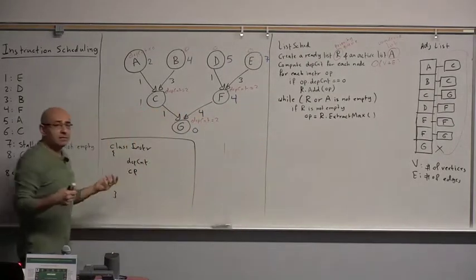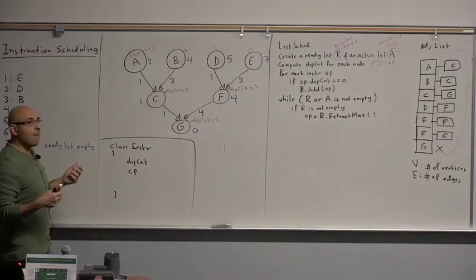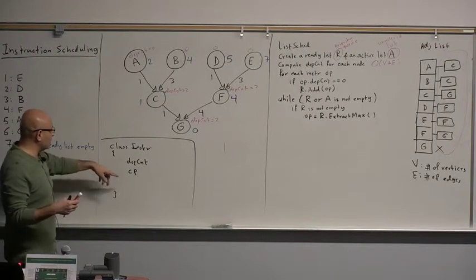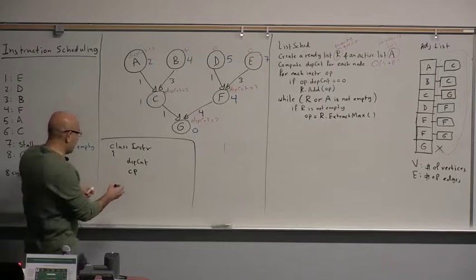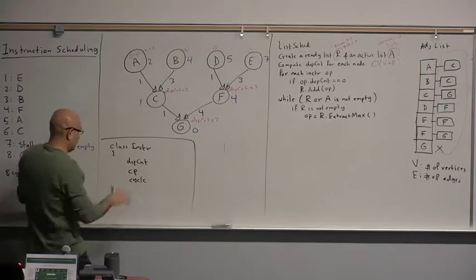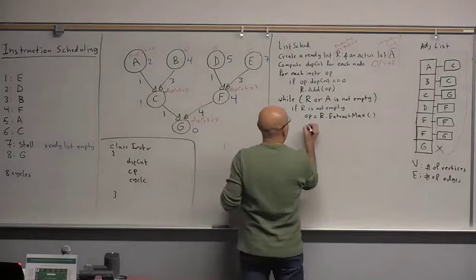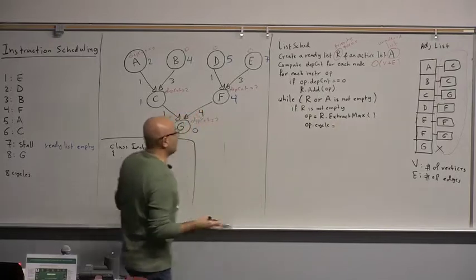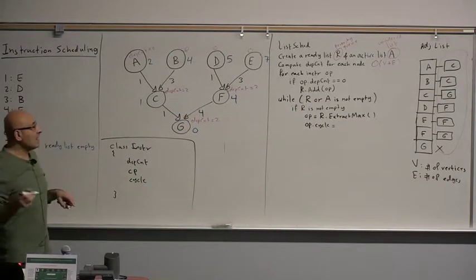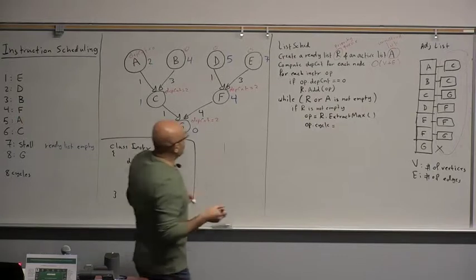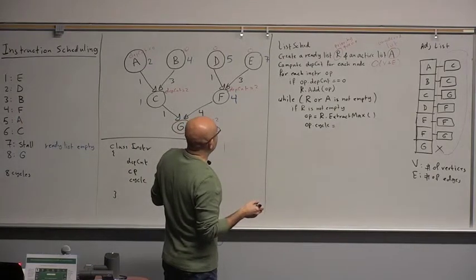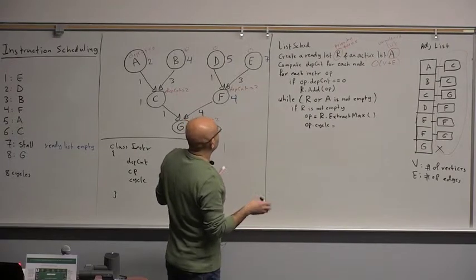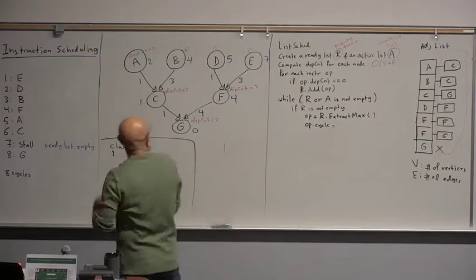And then what should we do with it? We extract it, we schedule it. So we should have here the cycle for each instruction. So we set the cycle. We say, OK, op dot cycle equals current cycle. Now we discover that we should track the cycle number. So let's put it in the beginning.